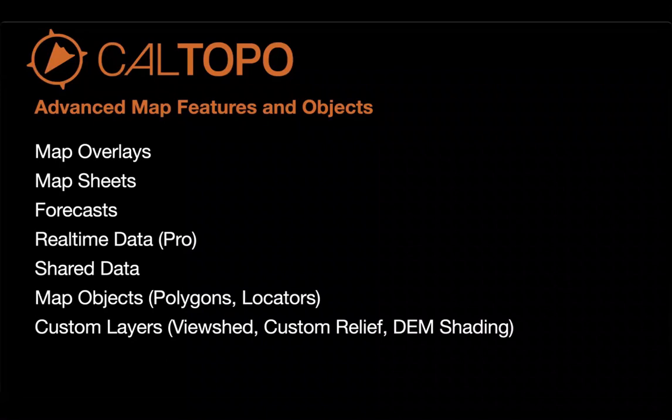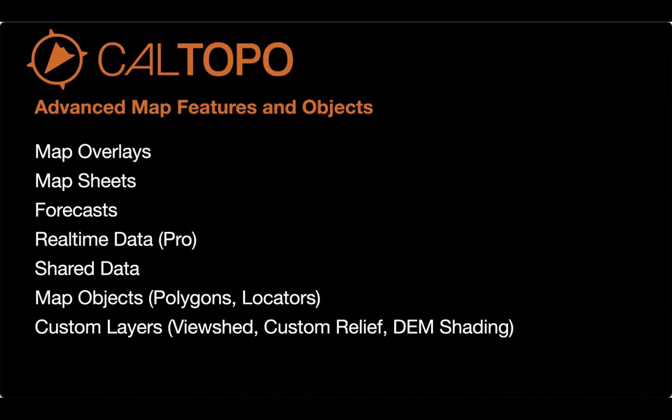We will talk about map sheets, which are pretty interesting. Those are like maps that you would see at the trailhead or that you'd pick up at a visitor center somewhere that have a little bit different types of information than your standard topo maps might have.